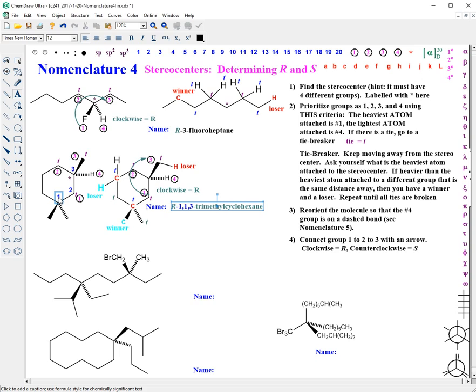While you weren't watching, I put these numbers on to indicate the lowest possible locations for the groups. 2 groups on 1 and then the 3rd group on 3 is the best numbering system based on last week's nomenclature.